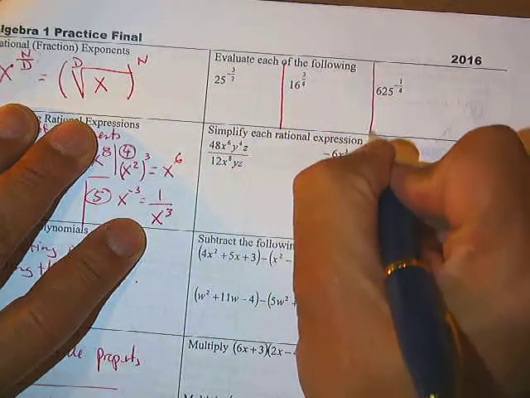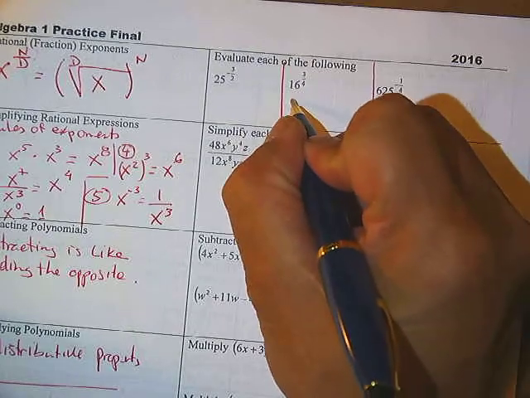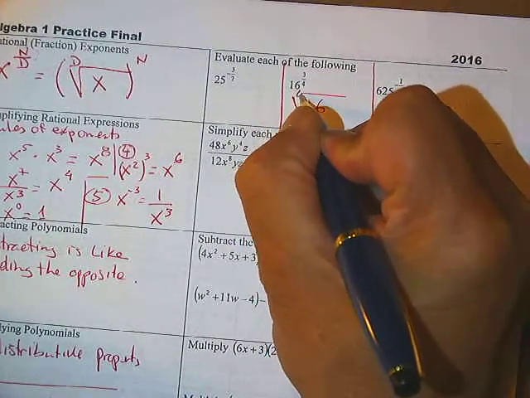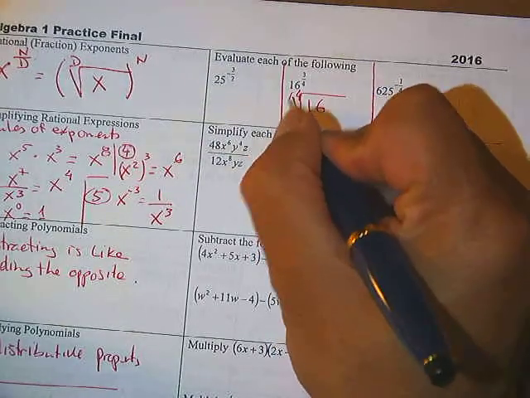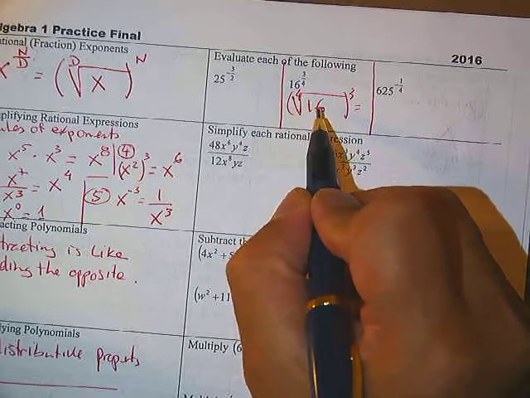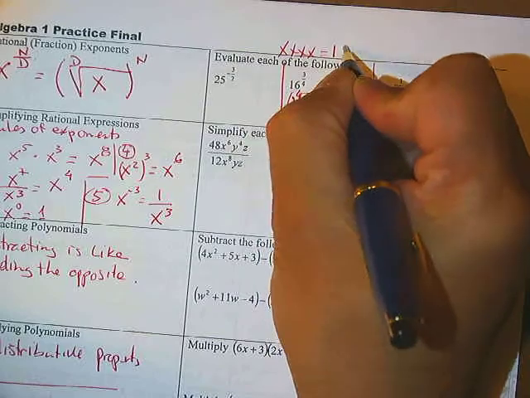So let's work on these problems over here. I'm going to work on this one first because it's the easier. So this is the same thing as the radical of 16, but the root is 4. And it looks like it's to the power of 3. So this means it's a fourth root of 16.